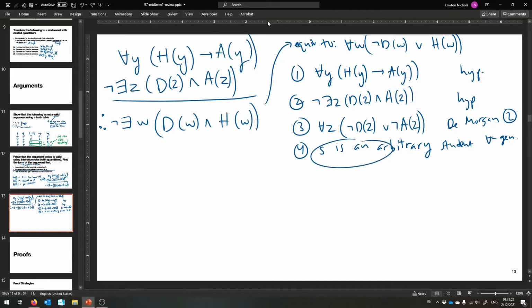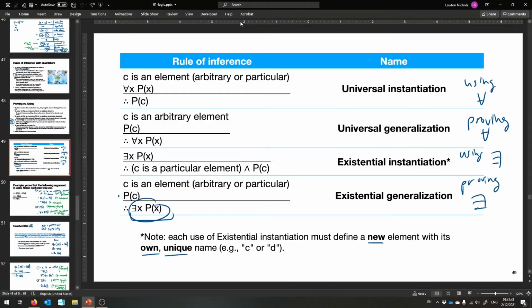All right. So because I have an arbitrary student at my disposal, I can plug that student in to this and this, because these two statements are supposed to be true for all y's, for all z's. So they're definitely true for my one s. So let's use this. Okay, so I know now, 5, that, and the reason you can do that again is, I have an assumption, I have an element, then I can apply the for all and get the fact that that's true for that one thing.